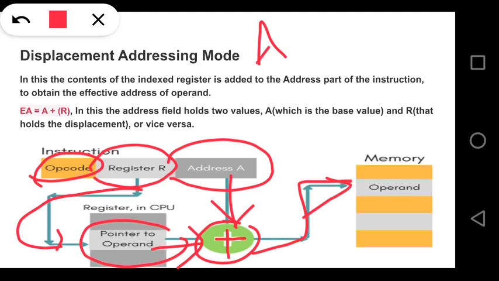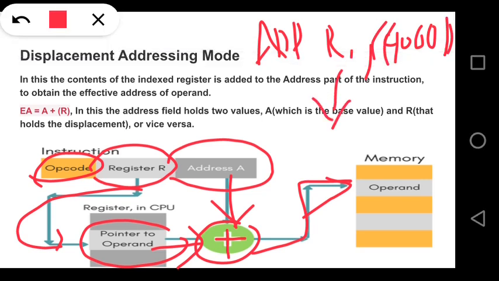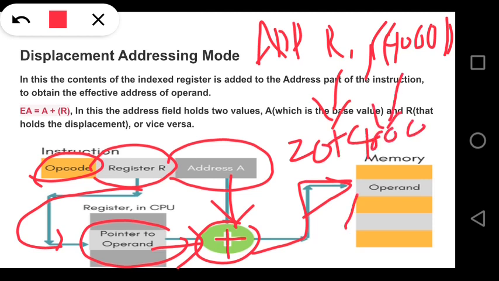So let's assume add R1, 4000. R1 contains an address like 20. Now add 20 to 4000, you will get 4020, that is the actual address of the operand. So this is called displacement.